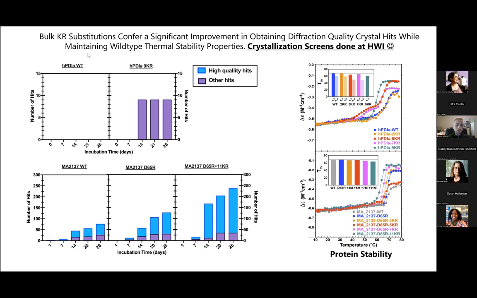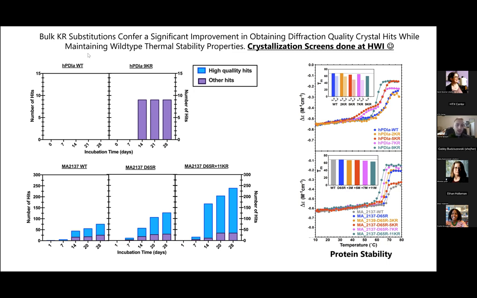And then when we ask the question of, all right, how does the crystallization propensity improve across a crystal screen, which was done at HWI, how do these lysine to arginine substitutions improve the crystallization propensity of these protein targets?